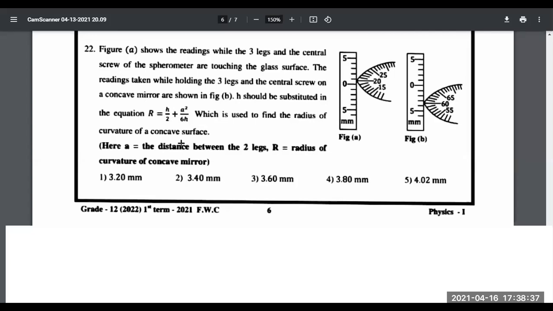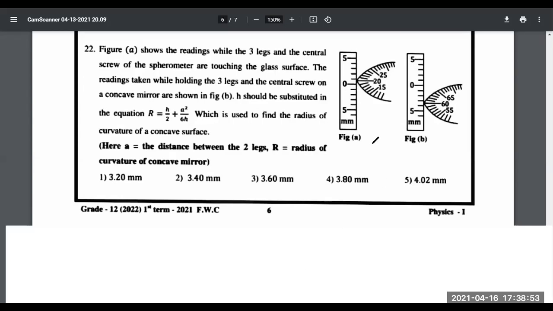So we need to find out h, that means we need to find out the correct reading. Now this is the zero error, and this is the reading you take. So we have to make the necessary changes for zero error.